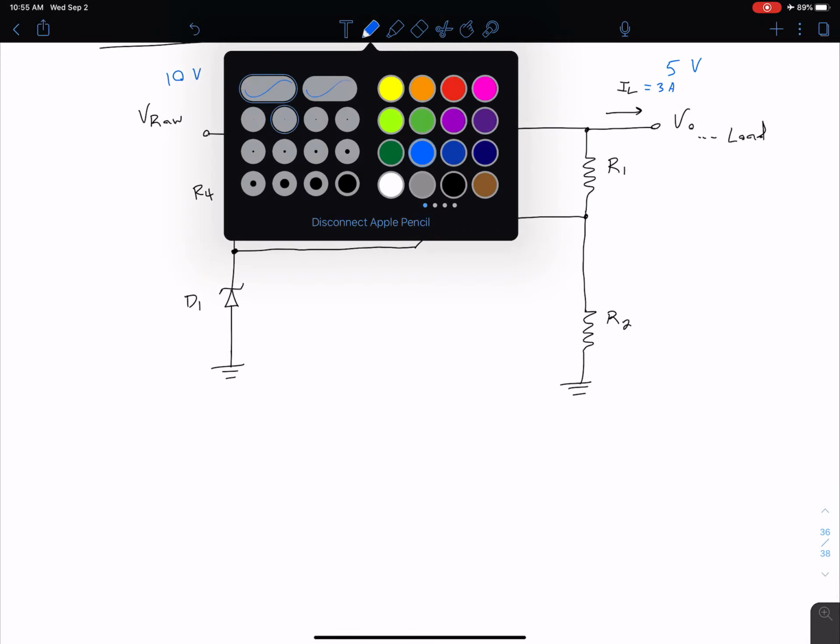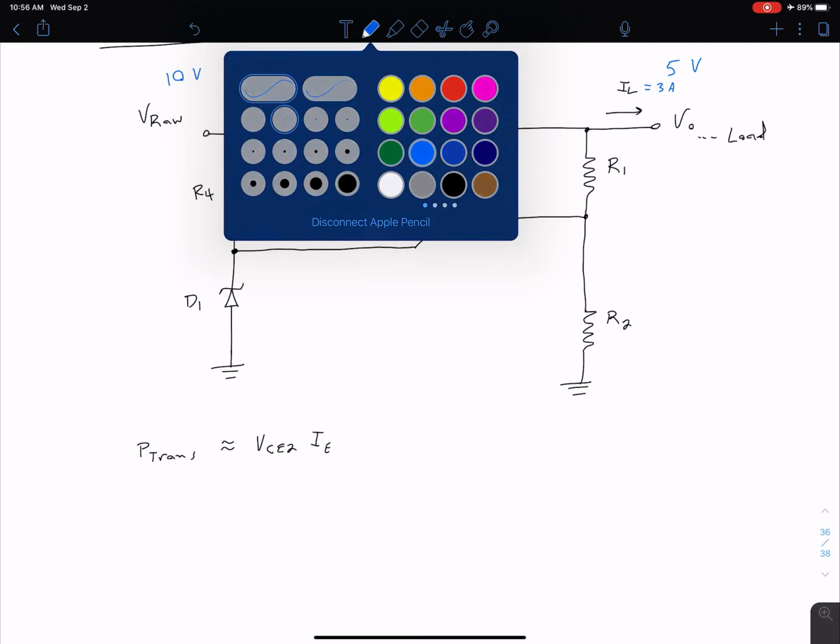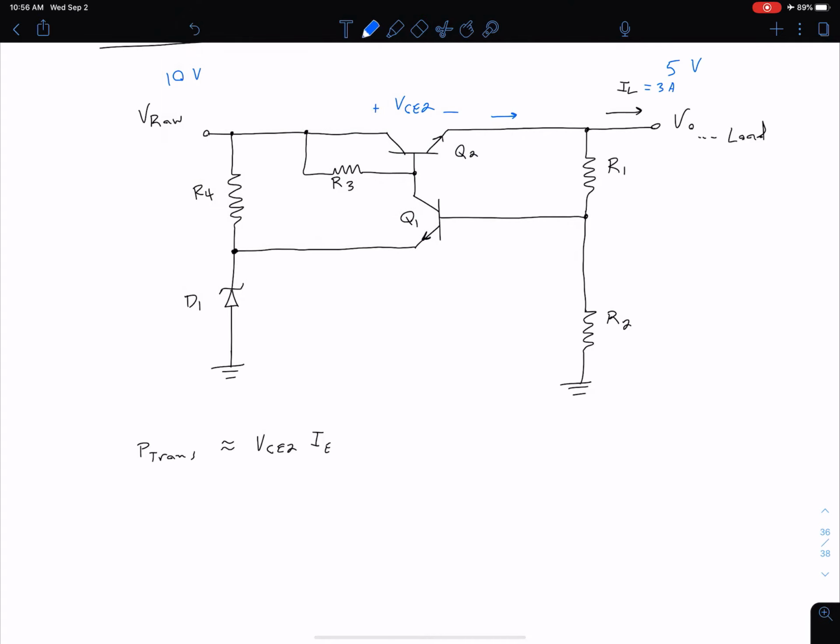We make a couple of assumptions again. Like always, the power in our transistor is approximately the collector-emitter voltage times either the collector or emitter current, if we're neglecting base current. So power in our transistor is approximately VCE2 times I of our transistor, which we can call IE, our emitter current, right here.